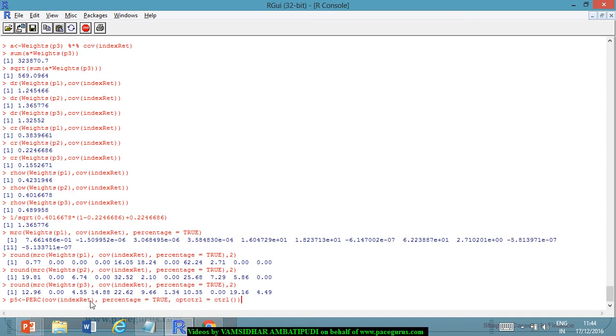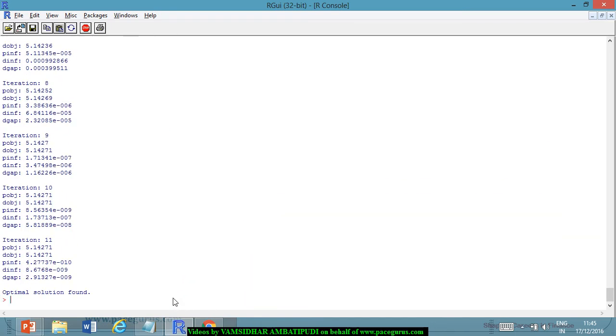That's it. No other input. The percentage option: if I set percentage to false, it will show in decimal terms, but if I set percentage equal to true, I'll get it in percentage terms. That's the only difference. So when I go with this P5 portfolio, there are 11 iterations performed to get the optimal solution.